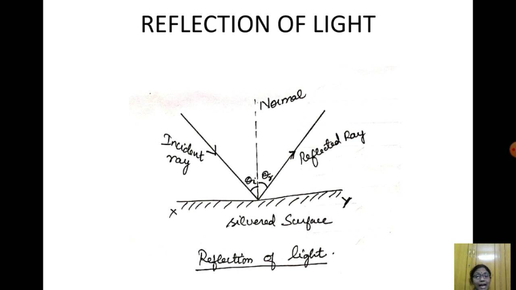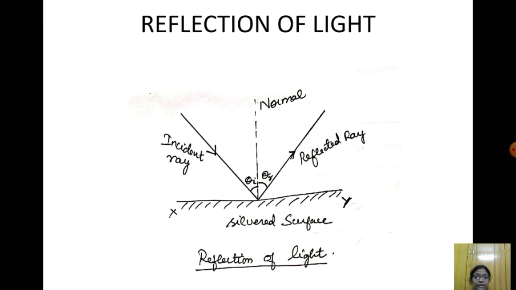The dotted line drawn to this plane surface is the normal line. When an incident ray from one medium strikes this polished surface, theta i is the angle made with the normal. The reflected ray also makes the same angle, theta i, with the normal.